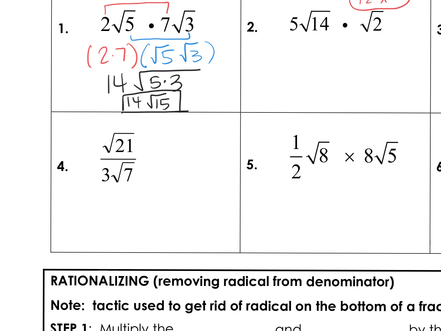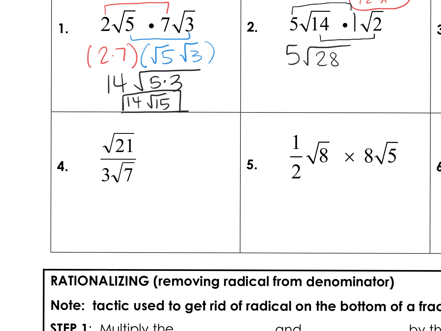So this is the part that can be confusing, just like with rational expressions. When I'm multiplying, I can just multiply everything. I don't have to have a common or like term. So for number 2, I have 5 times 1, which is 5, and root 14 times 2, which is going to be root 28.